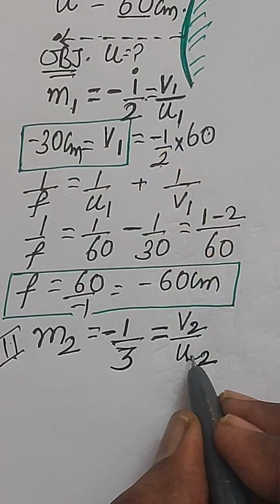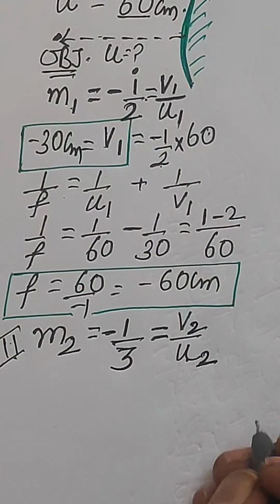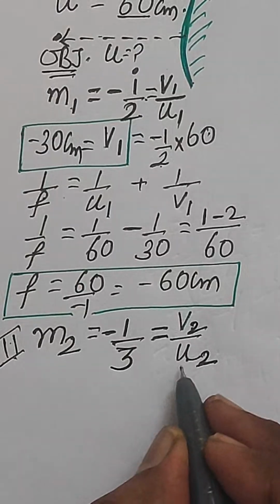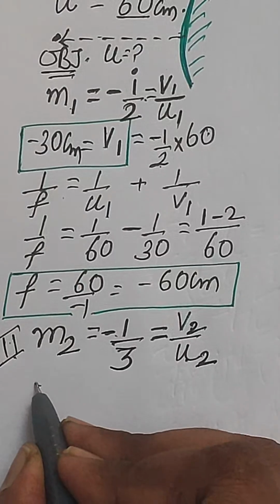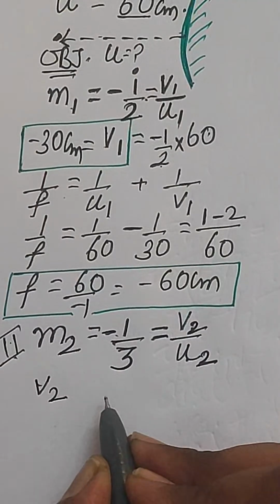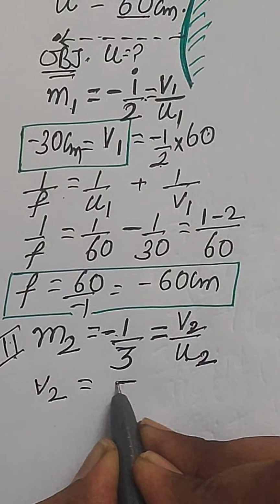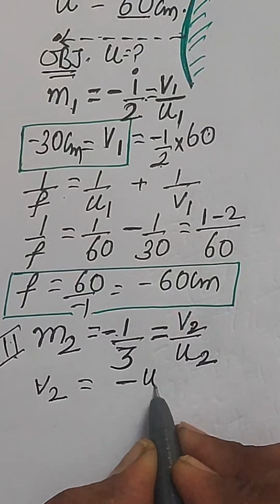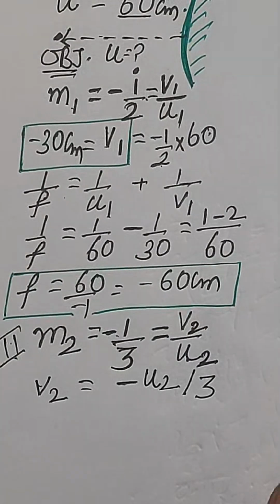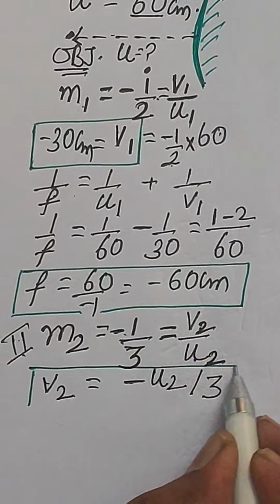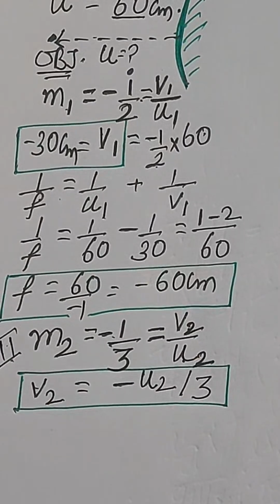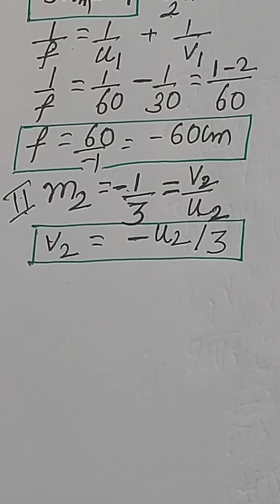Now m2 equal to v2 by u2. So this will give you the relation of v2 with respect to u2. So v2 can be written as minus u2 by 3. We will be using this, v2 equal to minus u2 by 3.